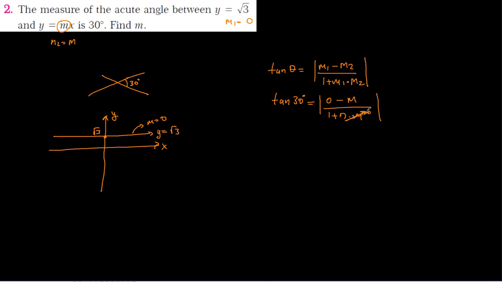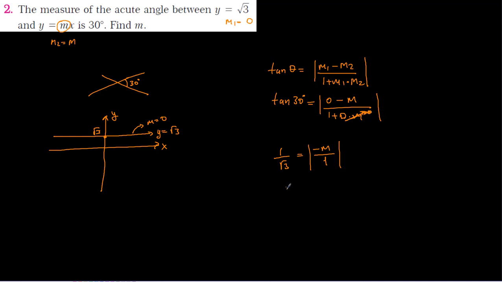Since this is 0 here, tangent 30 is going to be equal to 1 over root 3. So 1 over root 3 is equal to minus m in absolute value over 1, because this part, 1 plus 0 times m, is equal to 0.